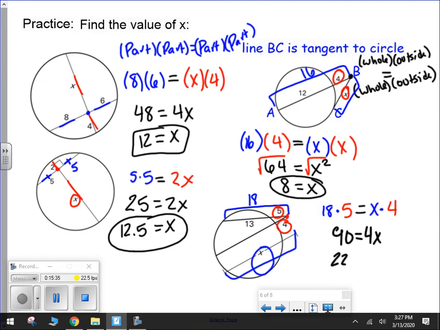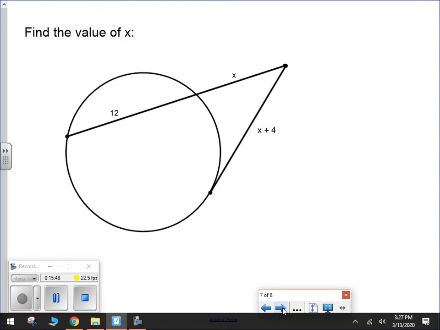Example 2 is a little special. My vertex is on the outside, so I know I'm doing the whole times the outside equals the whole times the outside. So my whole is x plus 12, and my outside is x.